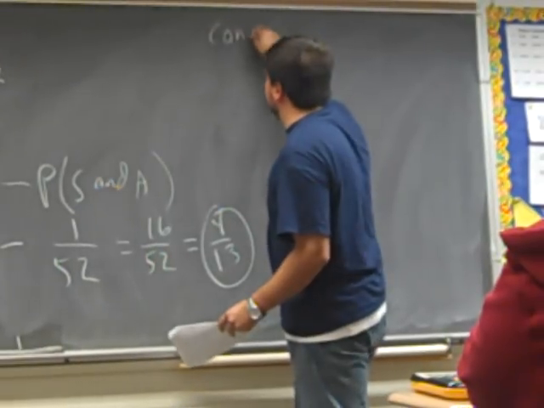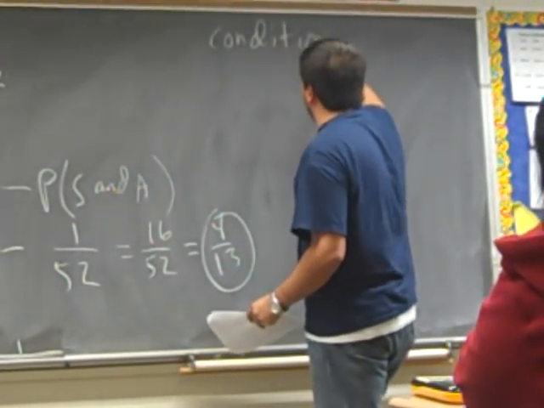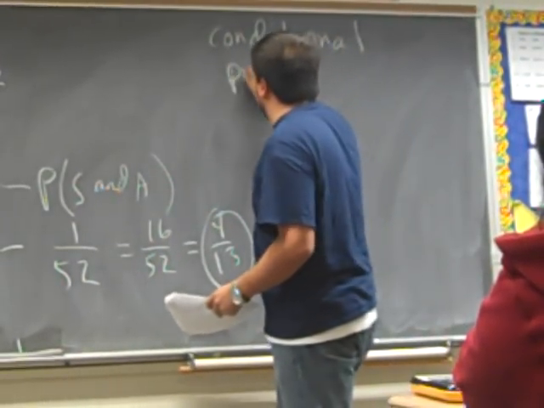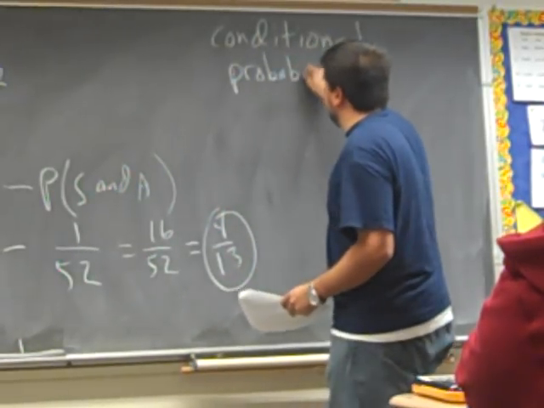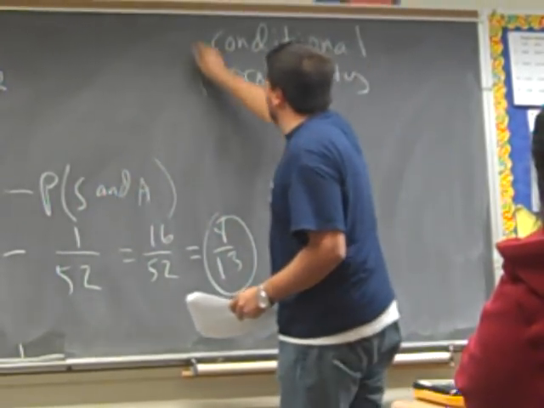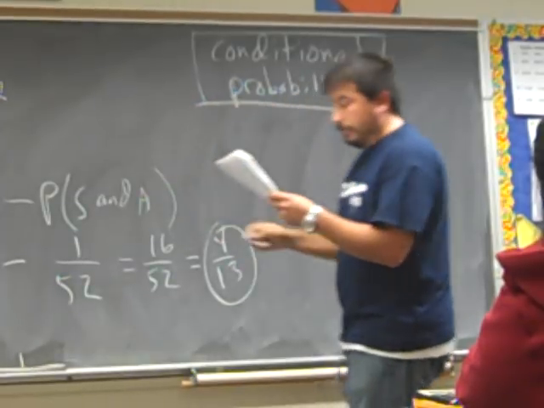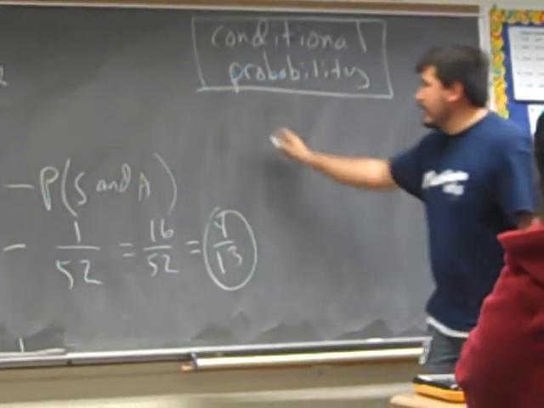Conditional probability looks something like this.